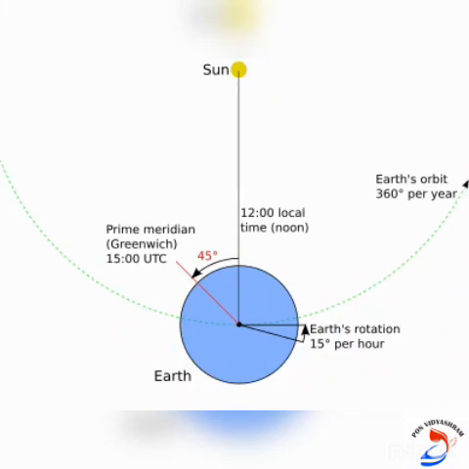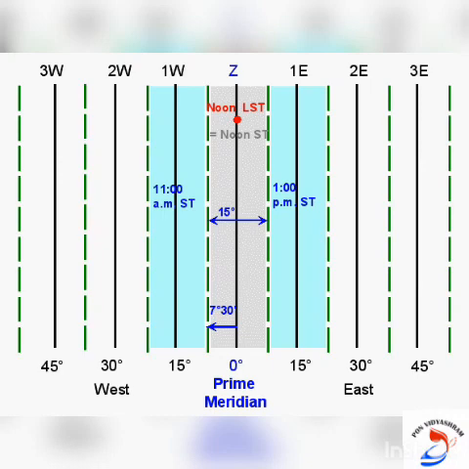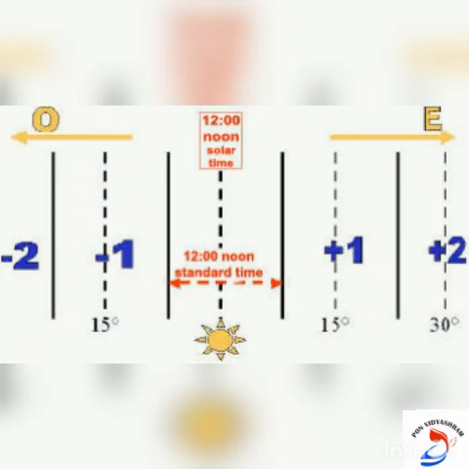Let us start from the prime meridian at Greenwich, which is 0° longitude. When the sun is at the highest point in the sky at Greenwich, all the places along the prime meridian will have midday or noontime.